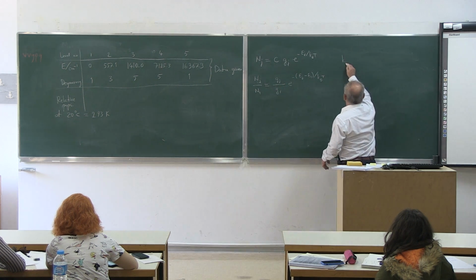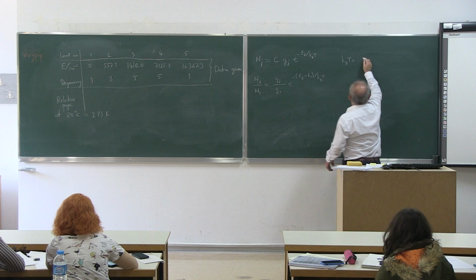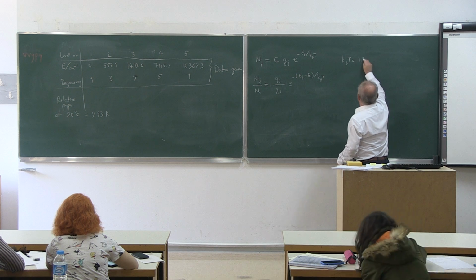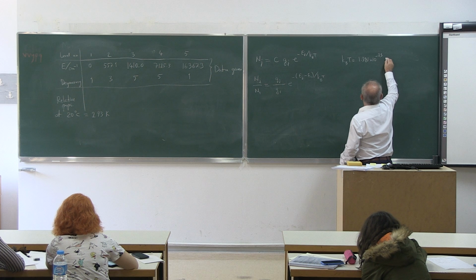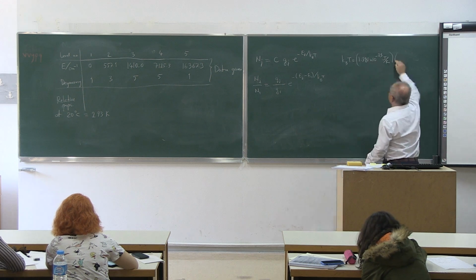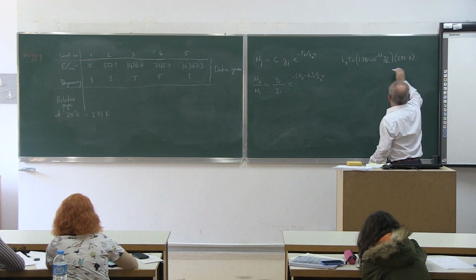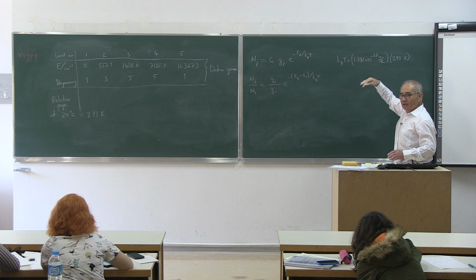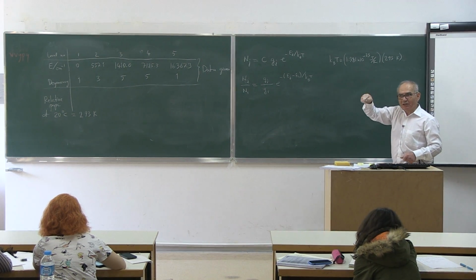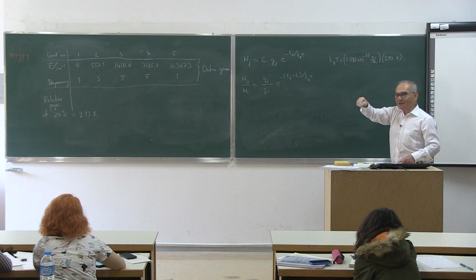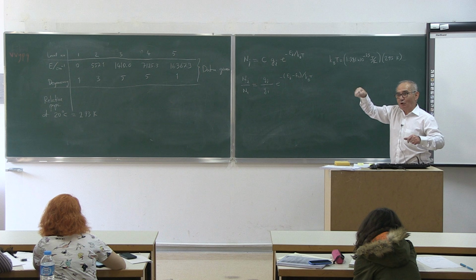The Boltzmann constant is 1.381 times 10 to the minus 23 joule per Kelvin. T is 293 Kelvin. The net unit here is joule. How do we convert it into centimeter minus 1 units? Divide by hc, where c is in centimeters per second.